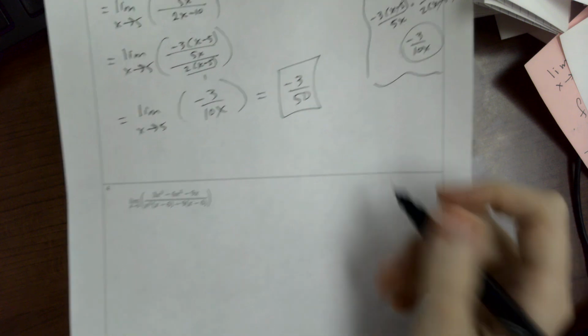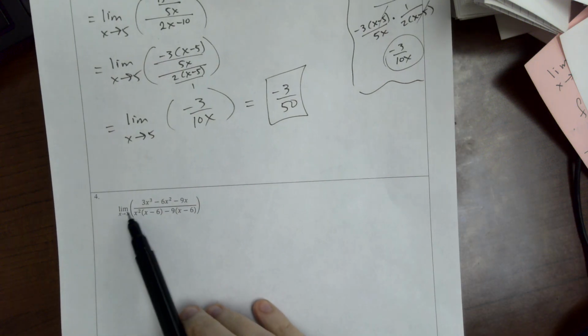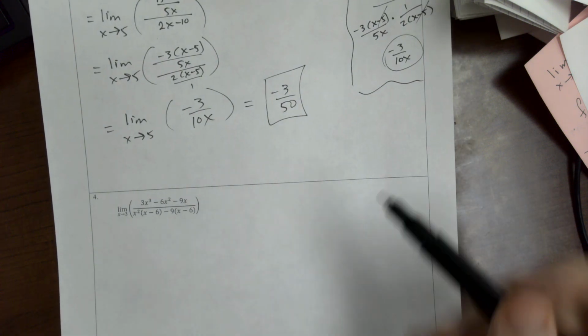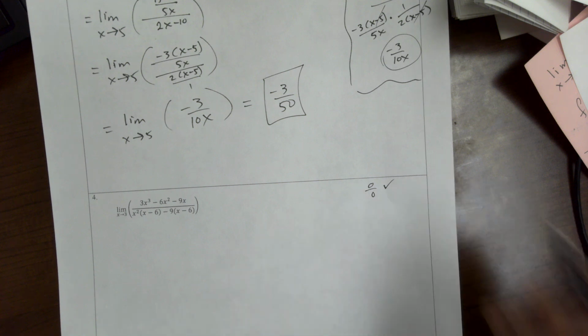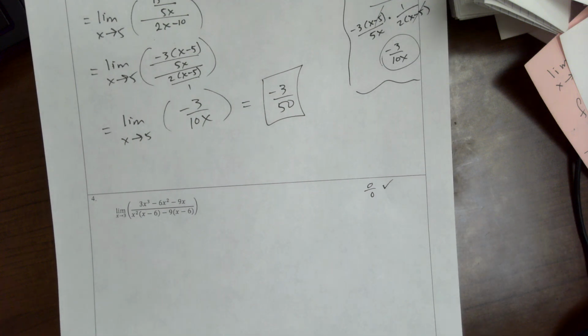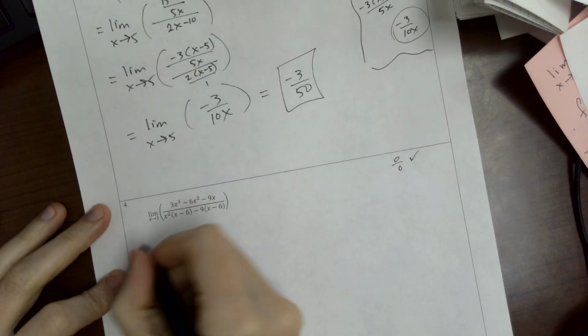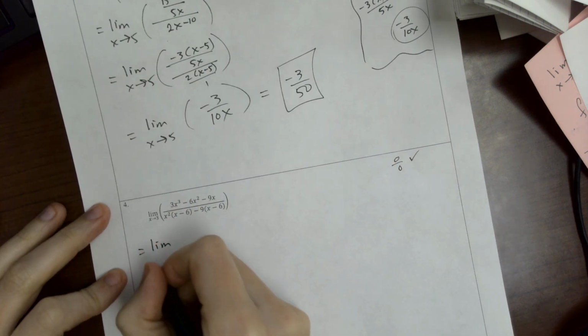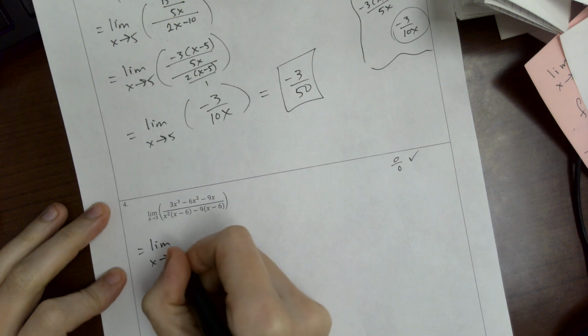Okay, so it is 0 over 0. I'll just say it: if you plug 3 in the top, you're going to get 0, same as the bottom. All right. Okay, so I'm going to want to factor.